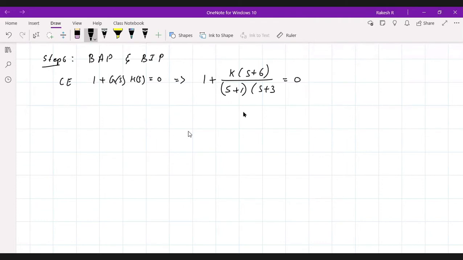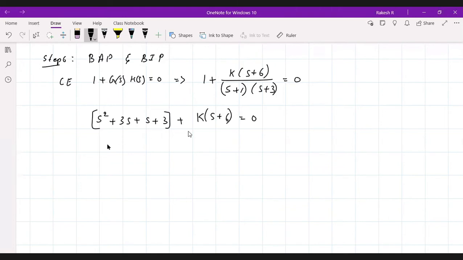So to solve the characteristic equation, I'll multiply the denominators, that is s square plus 3s plus s plus 3 plus K into s plus 6 equals 0, right?